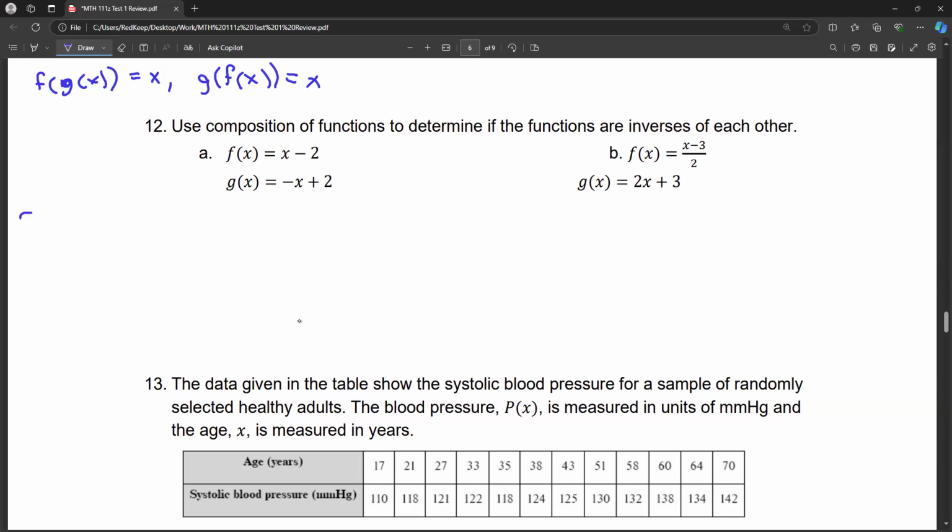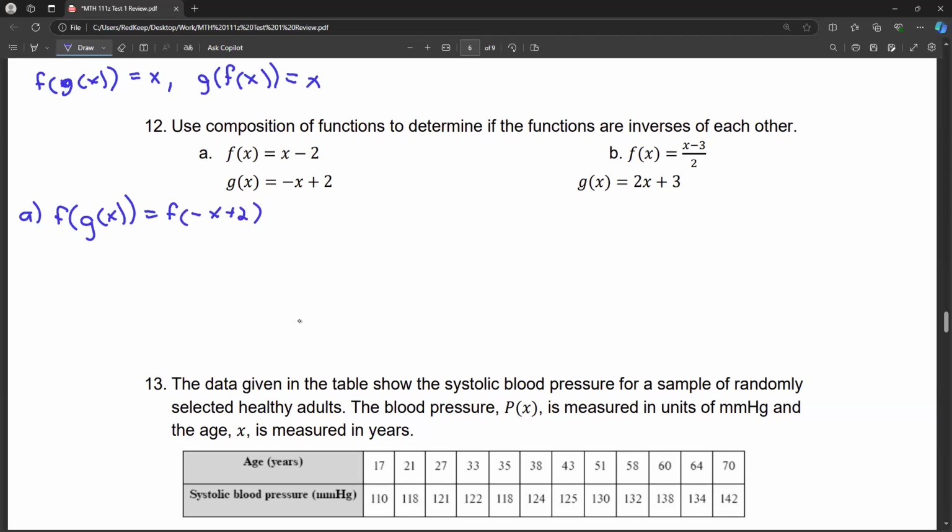For part A, let's go ahead and take the f function and plug in g and see what the result is. Okay, so the g function is negative x minus 2. Let me go ahead and just write this step, negative x plus 2.